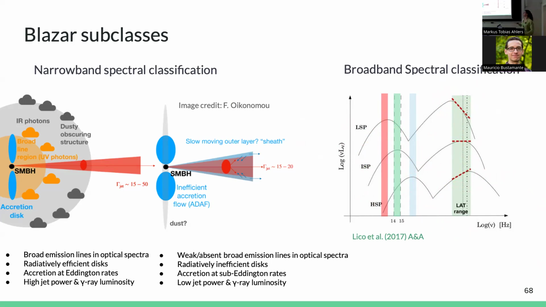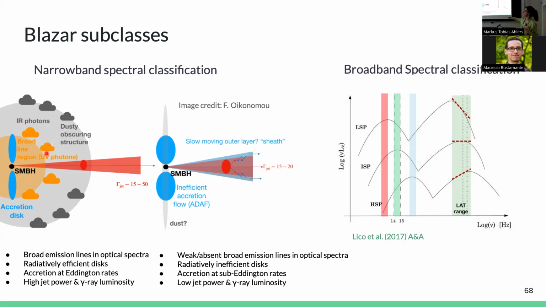So there are these high luminosity AGN, like this one, that are powered by radiatively efficient accretion disks. They also have non-negligible radiation fields coming from clouds that are illuminated by the accretion disk.